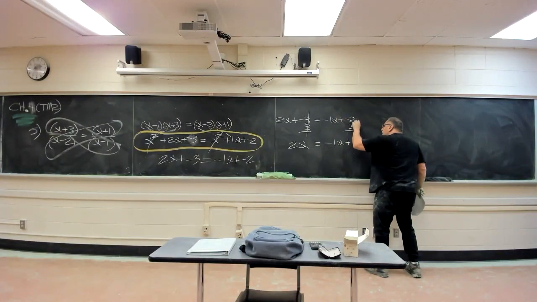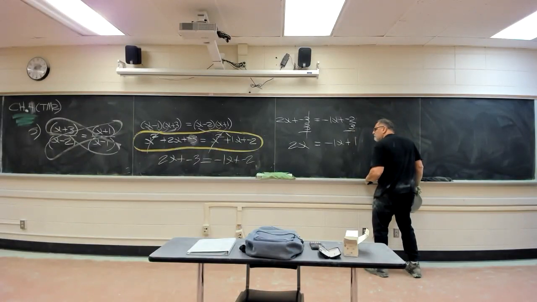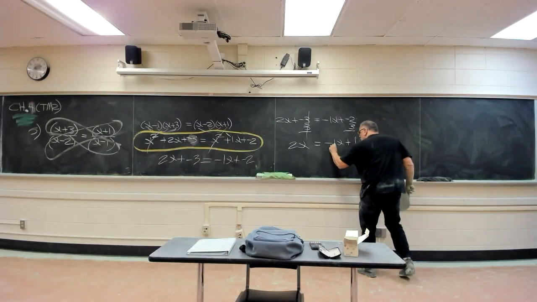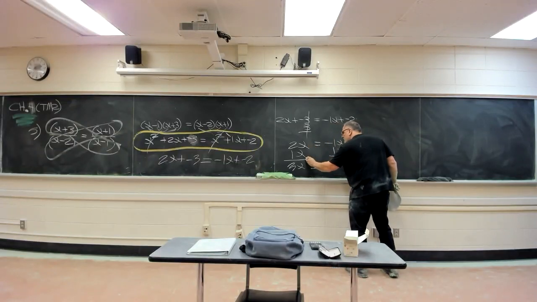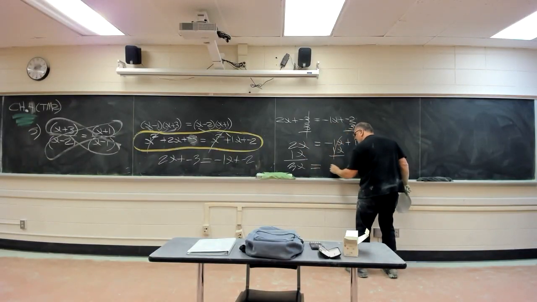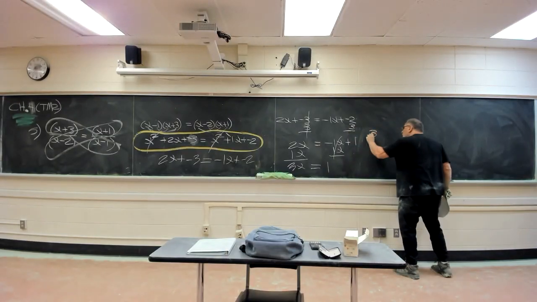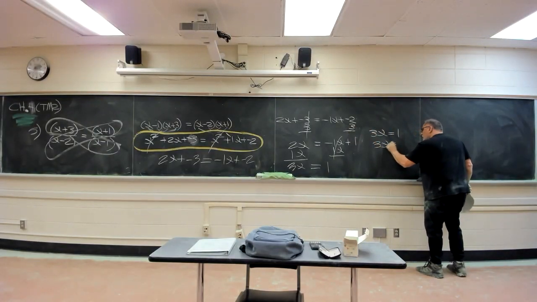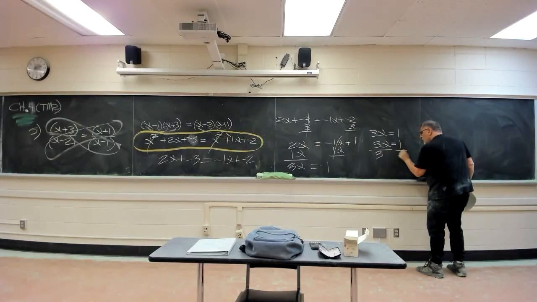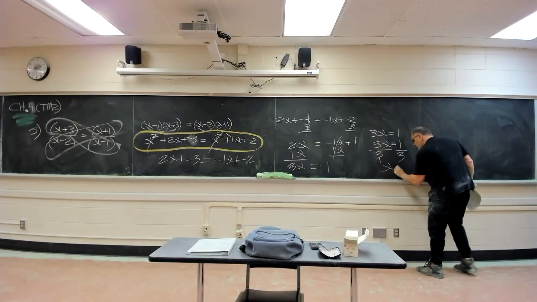Negative 2 and positive 3 is 1. Add a positive 1x on each side. 2x and 1x is 3x. This is out of there. That's 1. Divide by 3 on each side.